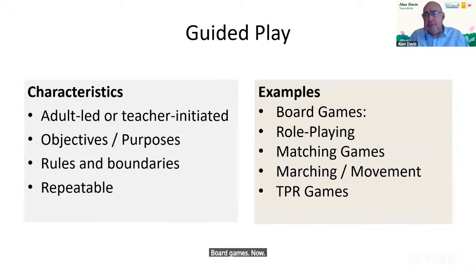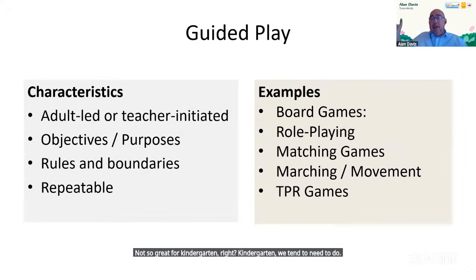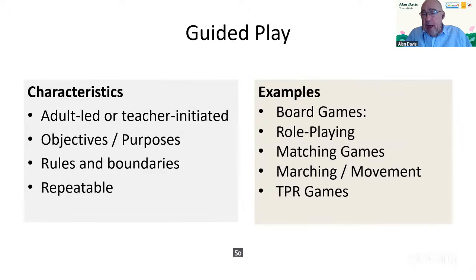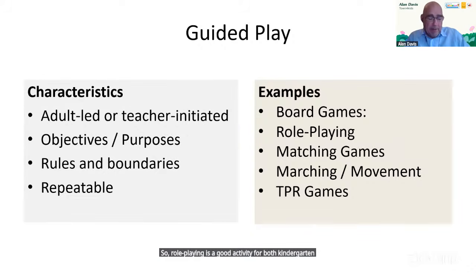Now, board games are very good for primary age, not so great for kindergarten, right? In kindergarten, we tend to need to do things that are a little bit more free or open. So role playing is a good activity for both kindergarten and primary. Matching games are great for all levels as well as for adults.